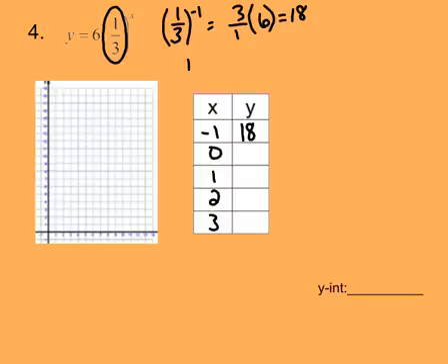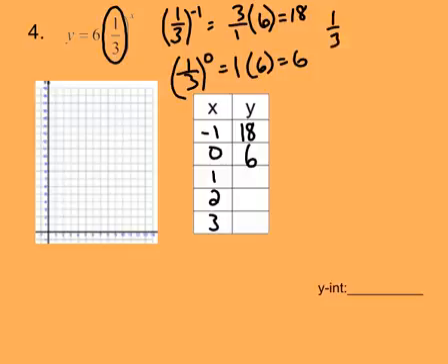Then you'd have 1/3 to the 0 power, which equals 1 times the 6 out front is 6. Right? Then 1/3 to the first is 1/3 times 6. 6 times 1 is 6, divided by the 3 is a 2.